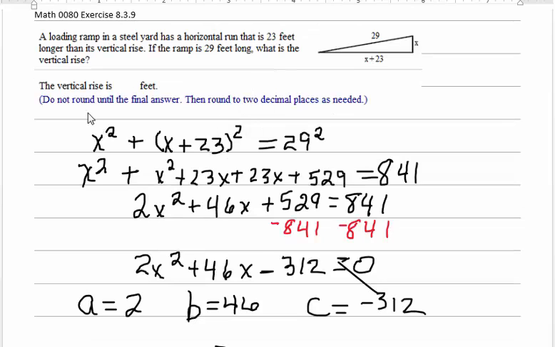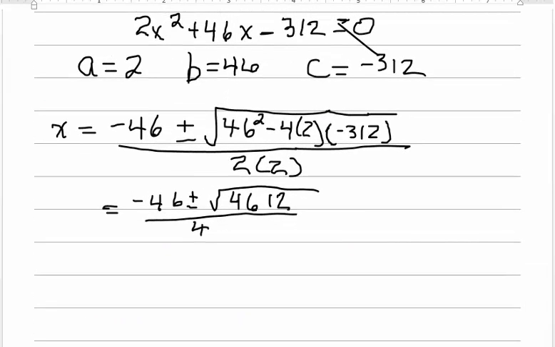Now when we look back at the problem, we're told to not round until the final answer, and then round to 2 decimal places as needed. So I'm going to put this into my calculator.